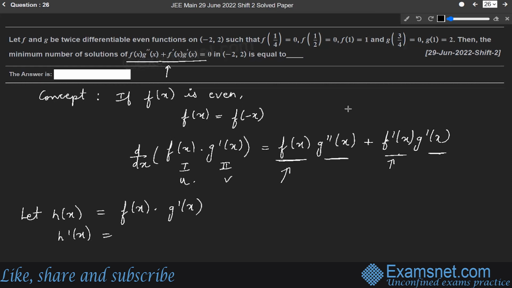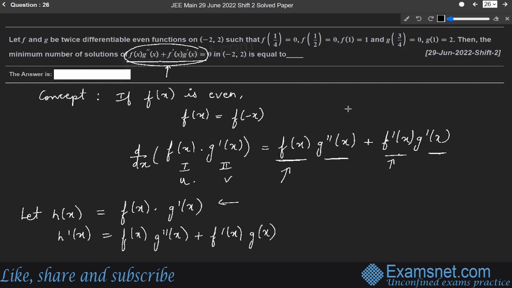Because we know that the derivative of f of x into g dash x is equal to the given expression. So if h of x is equal to this term, then h dash x will be f of x into g double dash x plus f dash x into g dash x, right?